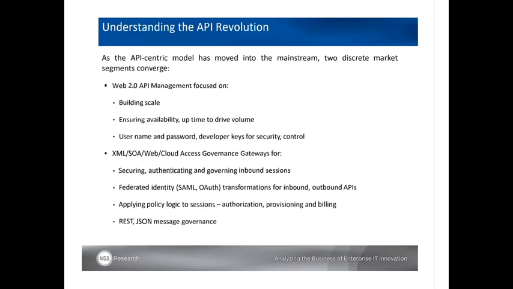Also, by virtue of that product architecture, they serve as natural collection points for events and user activity or services activity, which can then be exposed in reports or logged and sent on to another system. Where these vendors still have ground to cover is in terms of functionality aimed at the developer community, including portals and other similar features.